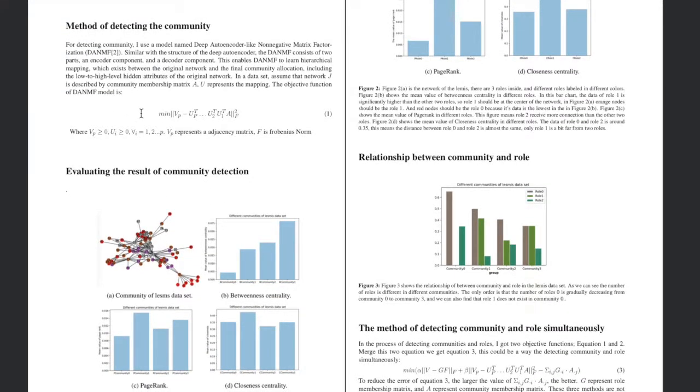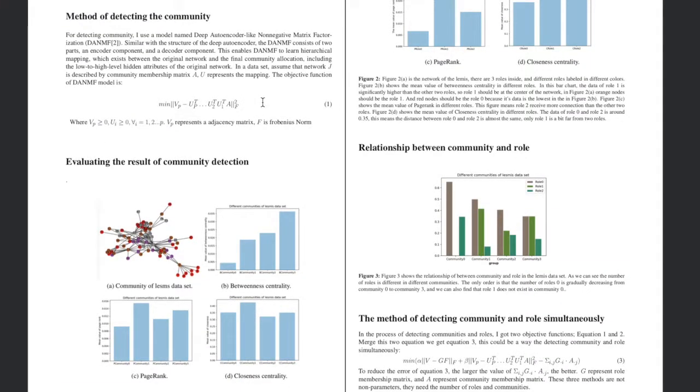This is the objective function of the DANMF method. Based on this method, I need to input how many communities I need in the output. Then it can generate some data that can be used to draw the view like this.